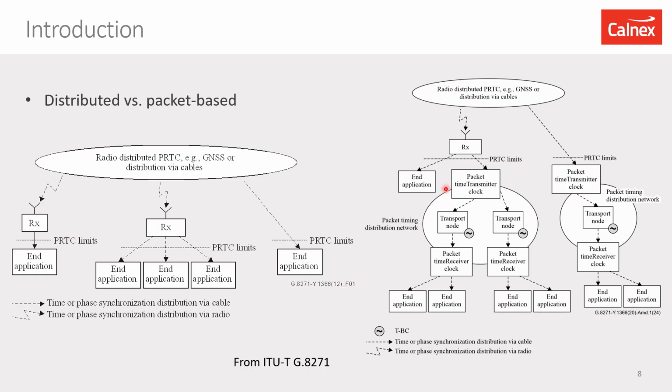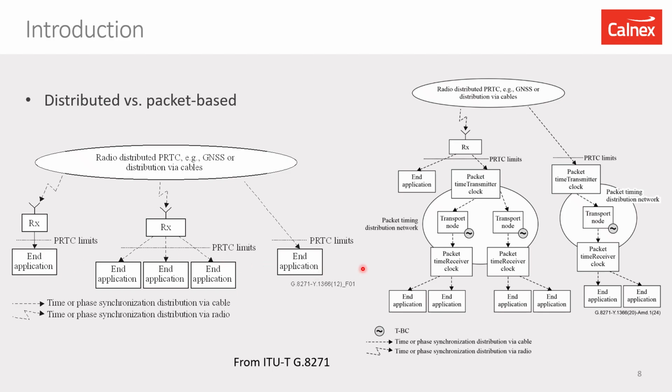And as shown in this slide, there are two main approaches that can be used for the delivery of time synchronization. The first one is to deploy, for instance, GNSS receivers locally, directly connected to the end application that requires time.